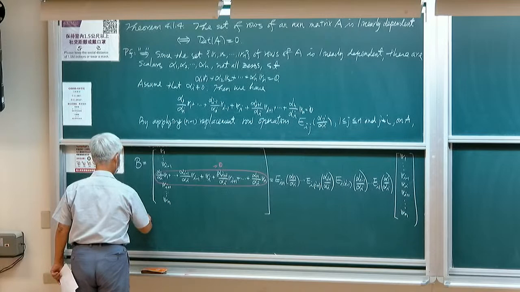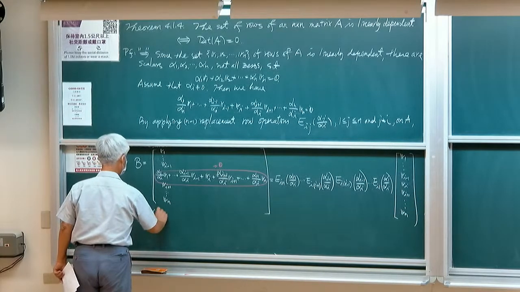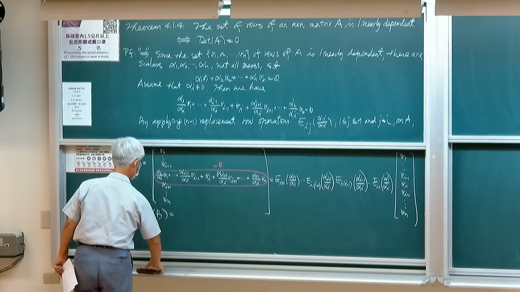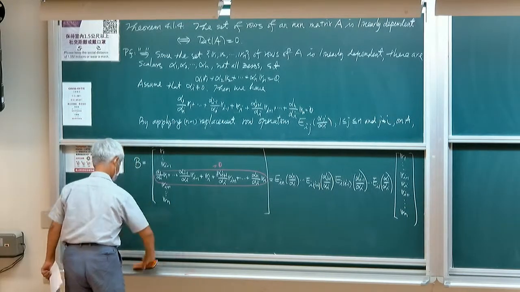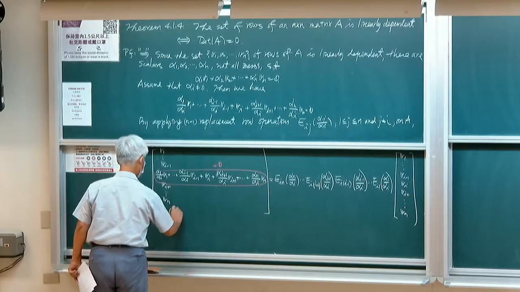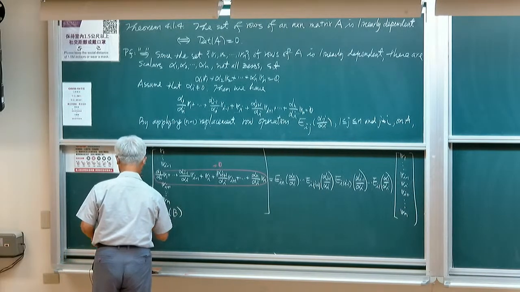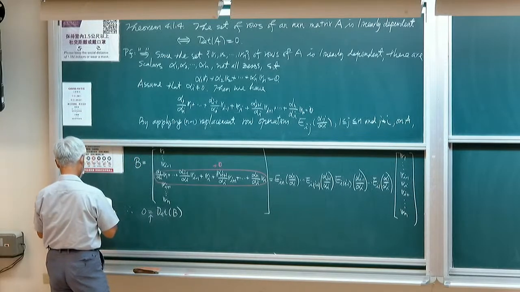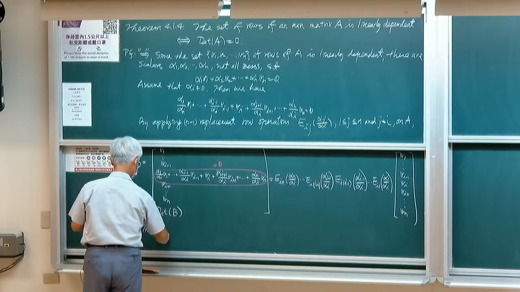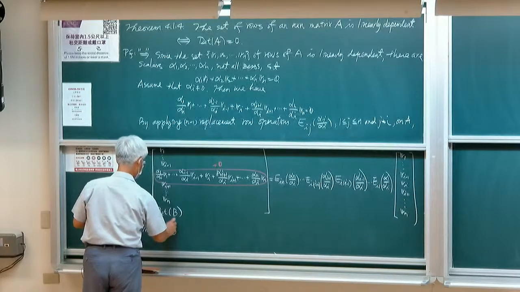So the determinant of B is equal to 0, by the zero properties, that is theorem 4.1.b.